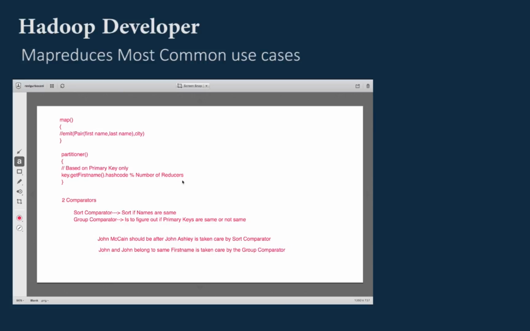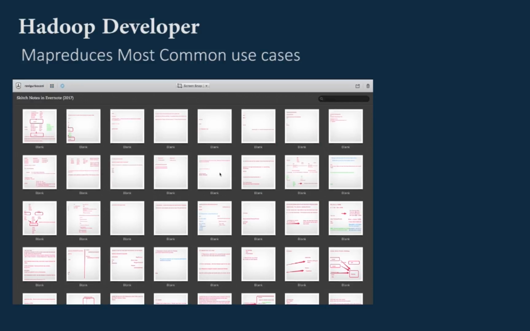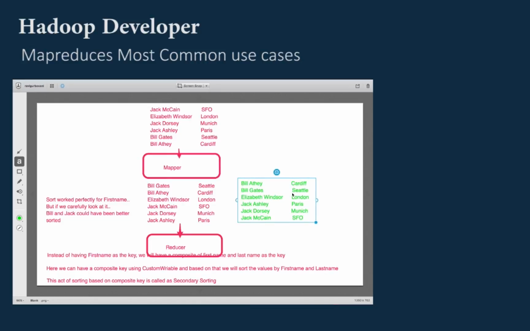And that is how we achieve secondary sort. At the end of it, we will get data that is sorted by first name and last name.